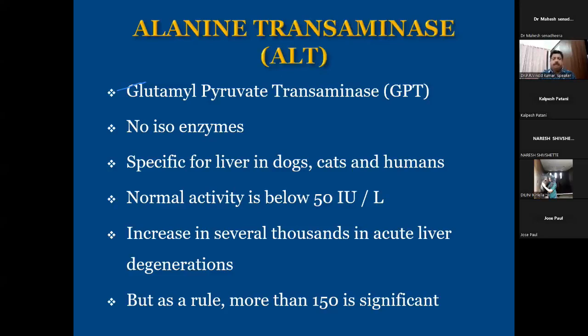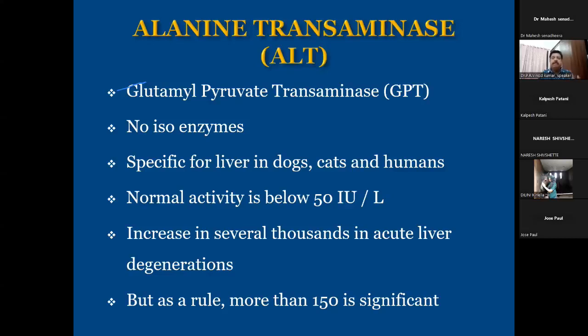Along with that, we have alanine. The alanine metabolism is very important. Alanine is being metabolized by this enzyme, alanine transaminase, in high energy amino acid metabolism. The end products are pyruvic acid and glutamic acid.